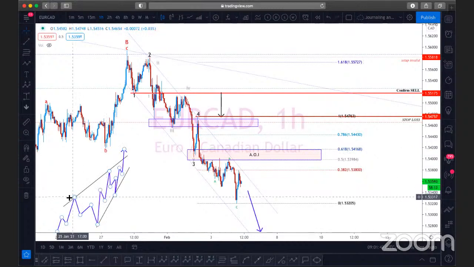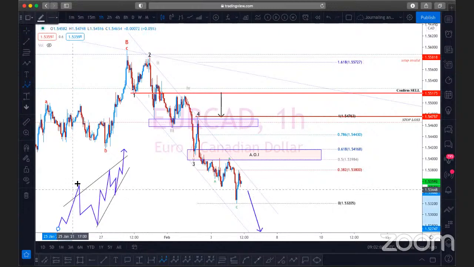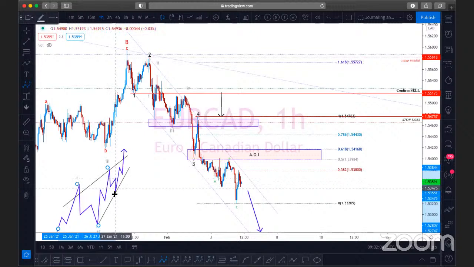Wave 4, more often than not, will enter into the territory of wave 1, right? So if that should enter, we would have wave 1 up here, and we would label this as 1, 2, 3, 4, and 5.